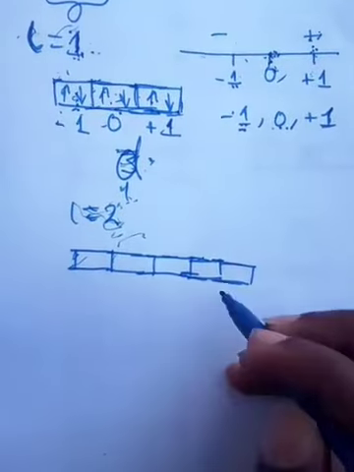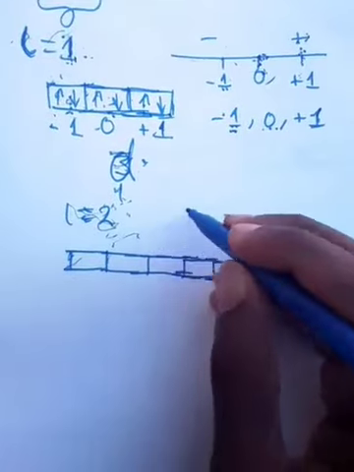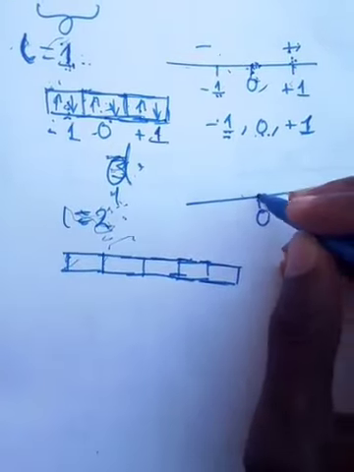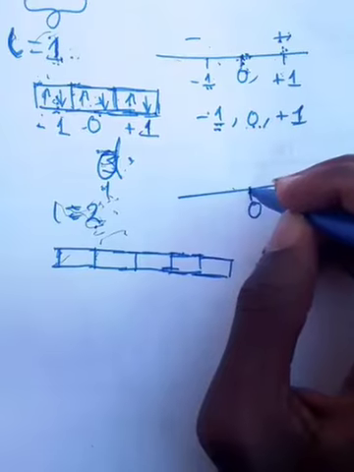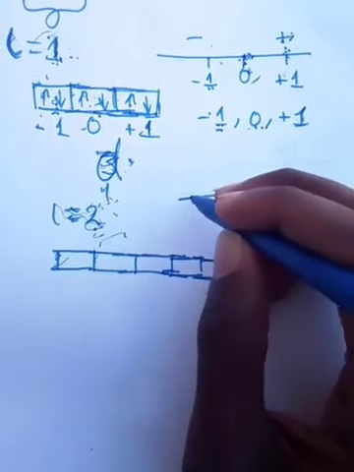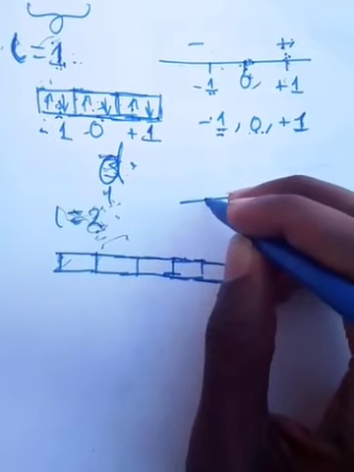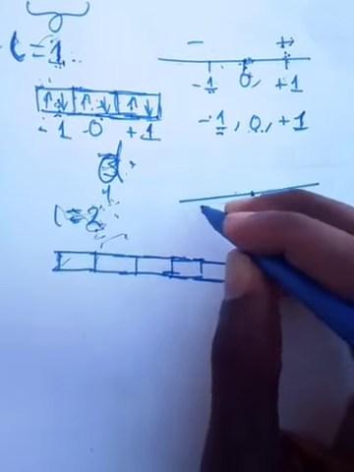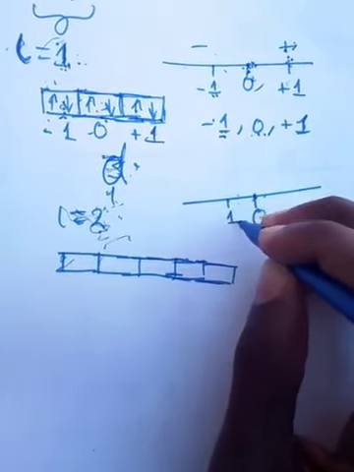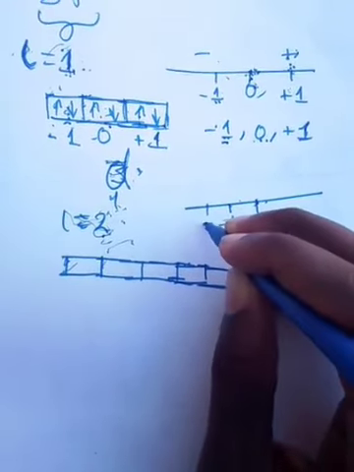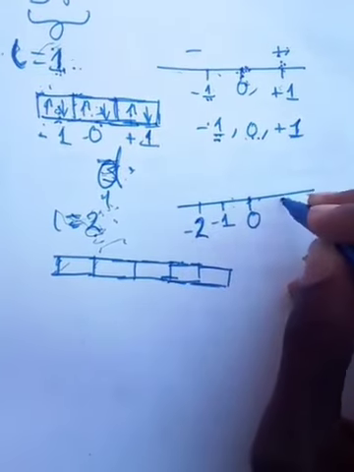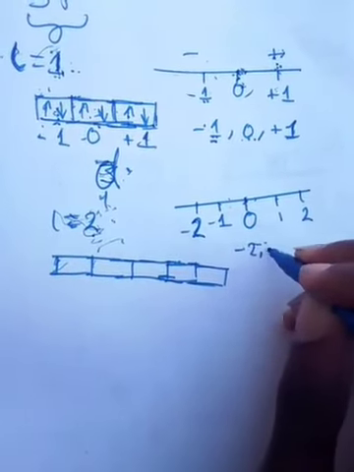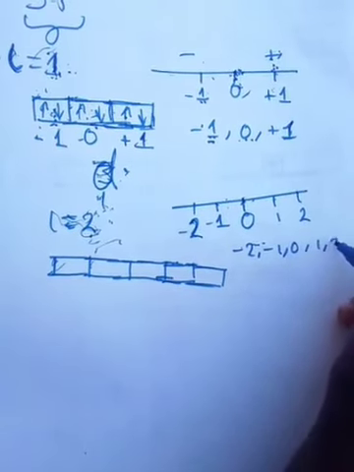You draw a number line, just to help you understand. Since I have 2, I move to the negative side till I reach -2, passing through -1. Then I do the same on the positive side, and finally I have -2, -1, 0, 1, 2.